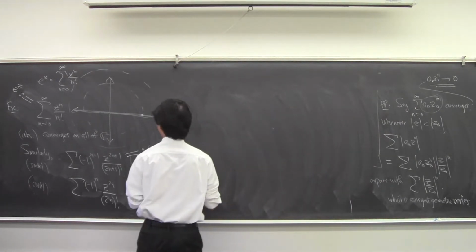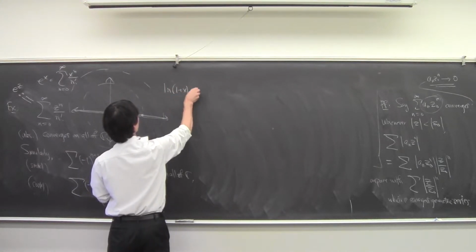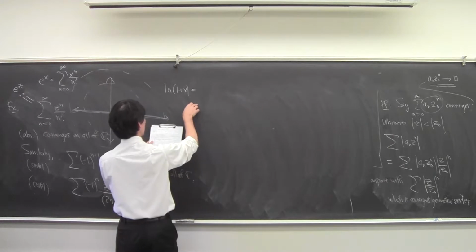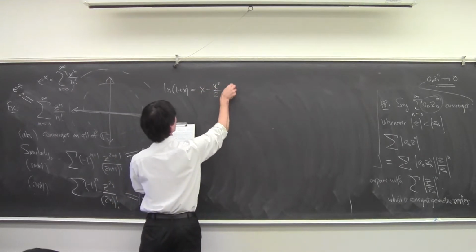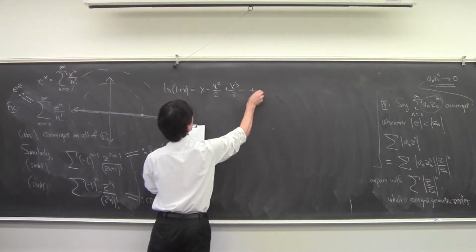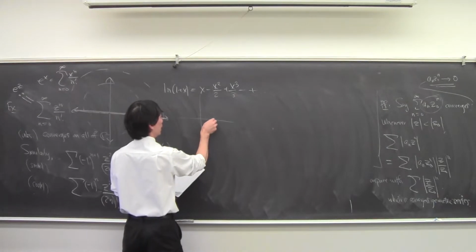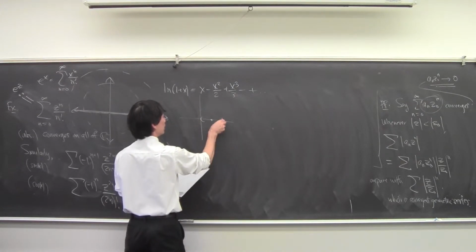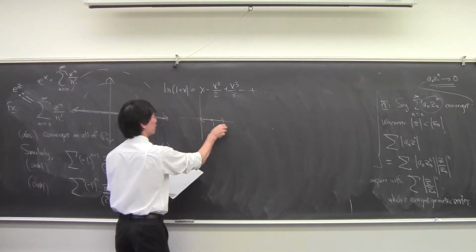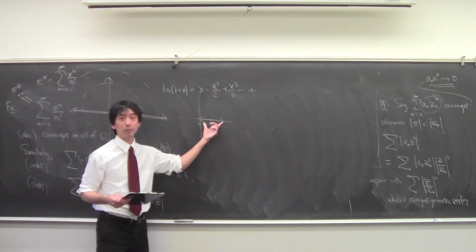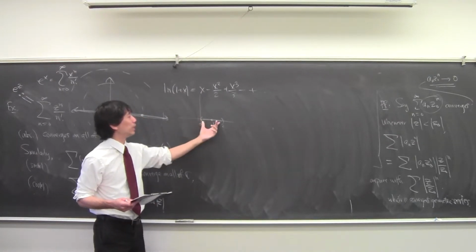Similarly, a bit more complicated. If we look at natural log of 1 plus x, that's x minus x squared over 2 plus x cubed over 3 minus plus, etc. And that is actually valid on this interval here, between 0 and 2.